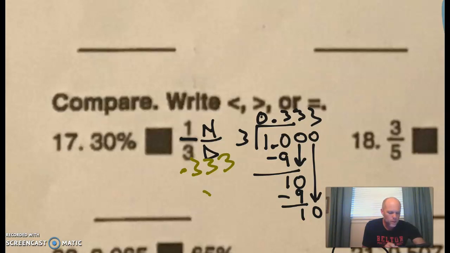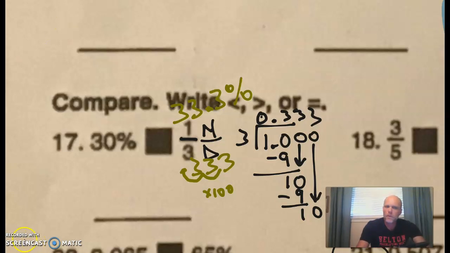Multiply by 100. But what's the trick? That's multiplying by 10. That's multiplying by 100. So, what is it as a percent? It is 33.3%. Well, so which one's bigger? Obviously, the 33.3%.